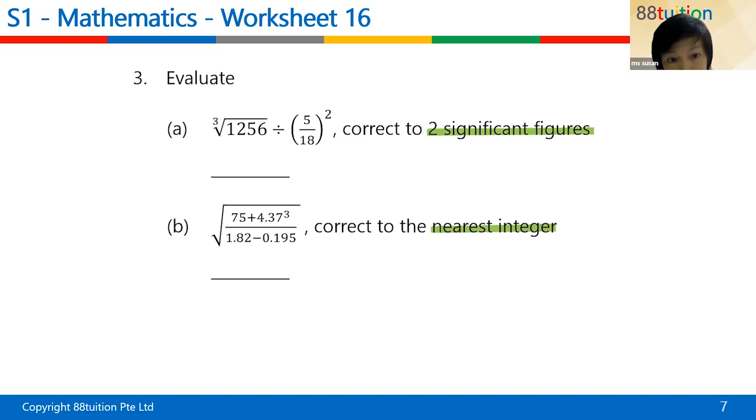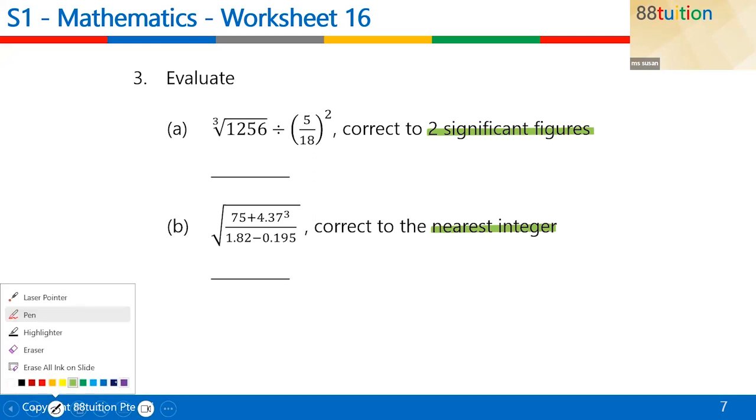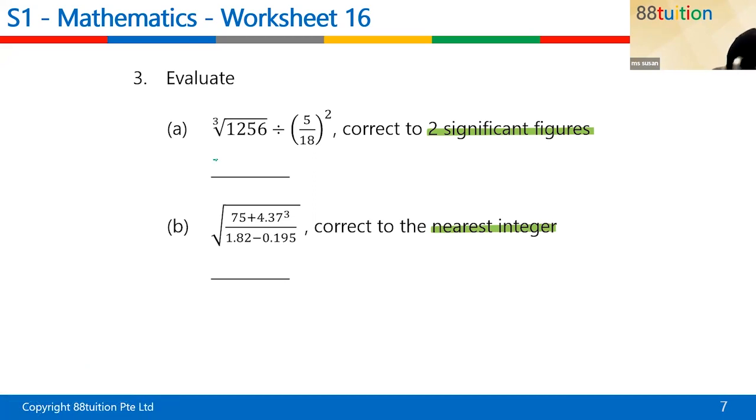You can use calculator, no problem. The reason is because they ask you for rounding off, so this one sure must use calculator. So there are two things you must do here. One is to write the long answer. Always write the long answer. Why is it so? Because you need to tell them that you are doing rounding off. So the first answer, you must have 139.583, at least 5 digits.